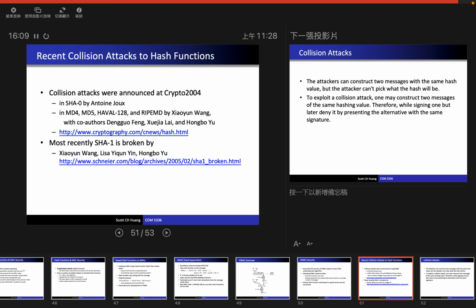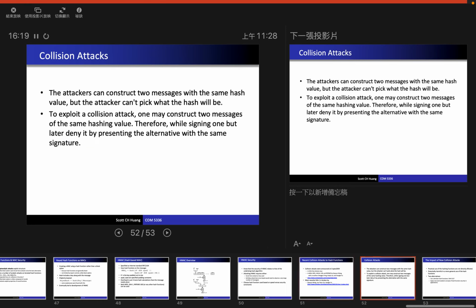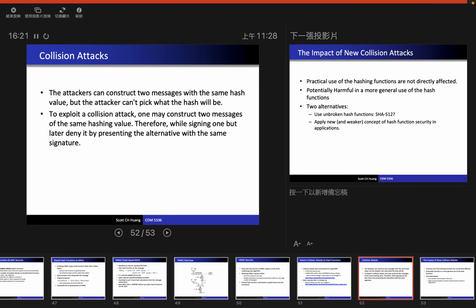These are the two papers written by Wang Xiaoyun. You can take a look. Basically, she found a way to produce collisions. In other words, you can exploit that to produce valid signatures.